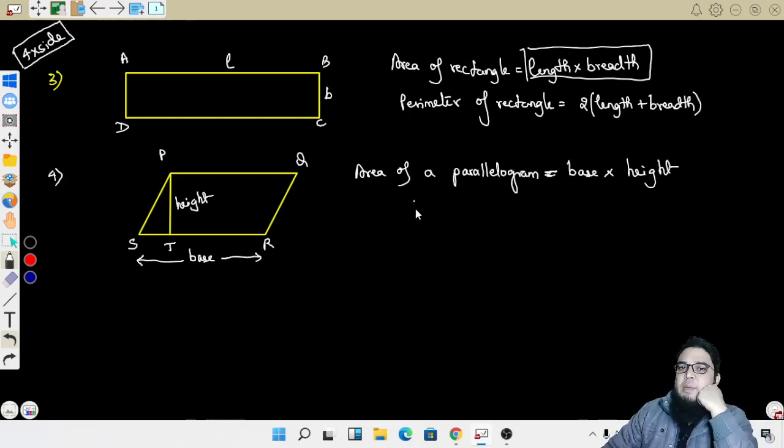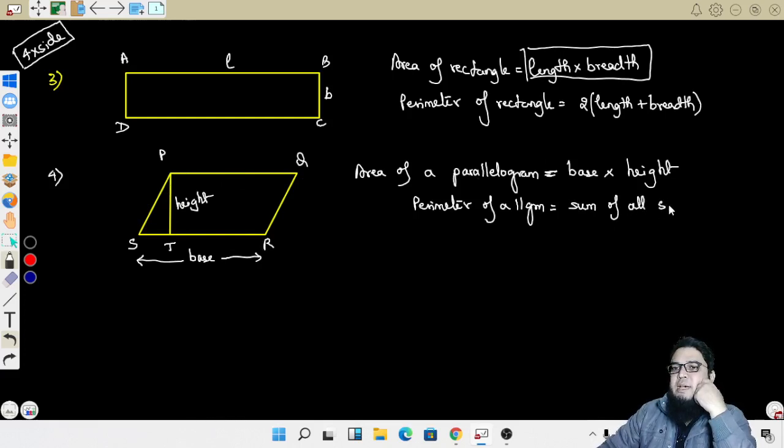Now coming to the perimeter of a parallelogram. Obviously it is the sum of all sides, that is PQ, QR, RS, and PS. Or you can say 2 into... In a rectangle you can call it breadth, but here QR is one side.